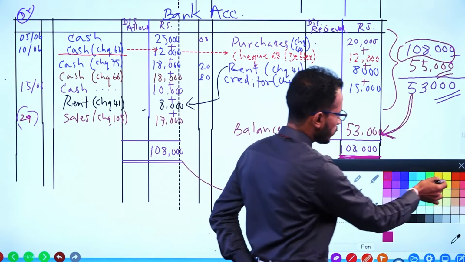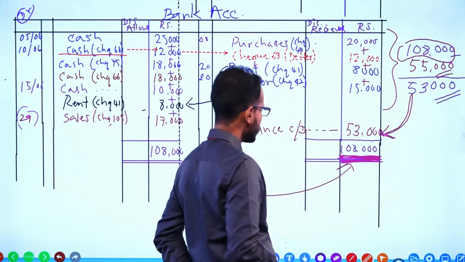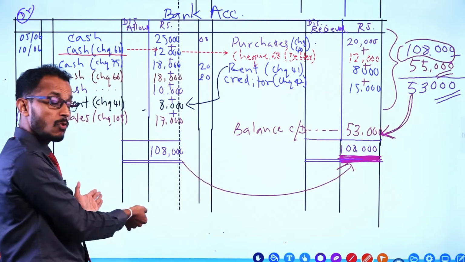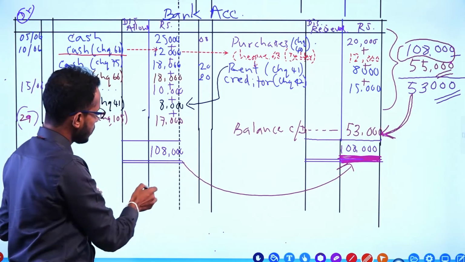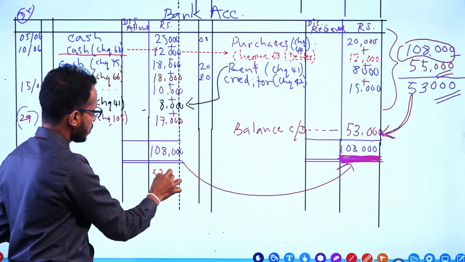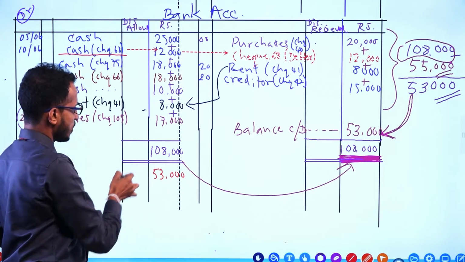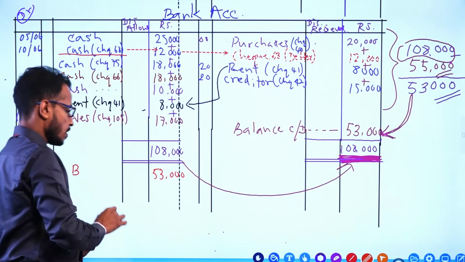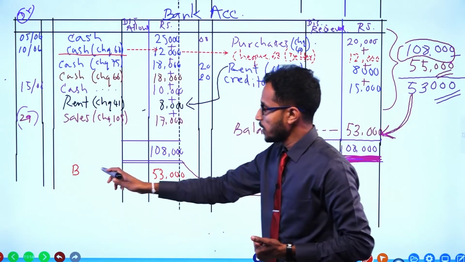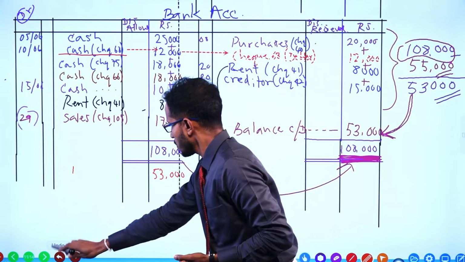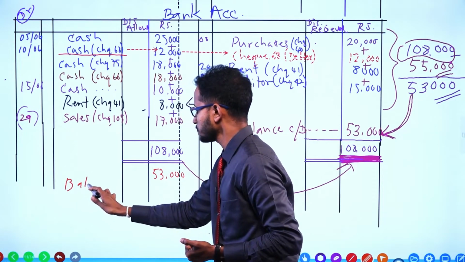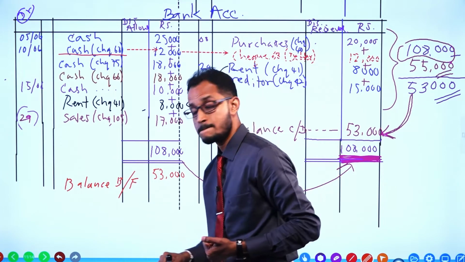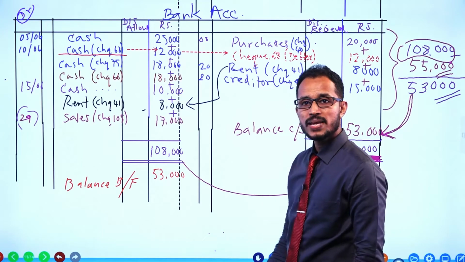Furthermore, you should do one more thing, children. One more thing, a small final step. Bring this balance carried down forward to the next accounting period, to the debit side. And you write on the debit side below the sum box the same balance amount. I'll move to this side for better viewing, and you write balance brought forward to the next accounting period or for the next month.